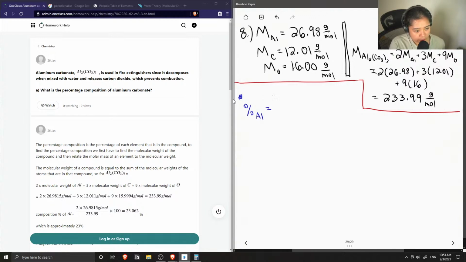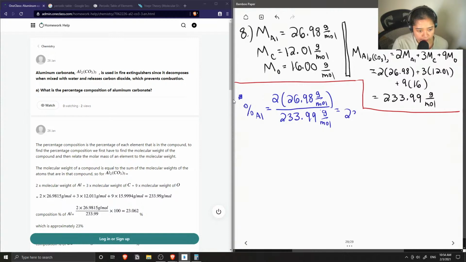We have 2 atoms of aluminum in aluminum carbonate, and we also know the molar mass of aluminum is 26.98 grams per mole. So now we just divide this by the total molar mass, which we found to be 233.99. So we get a percent composition of around 23.1%. And this is for aluminum.